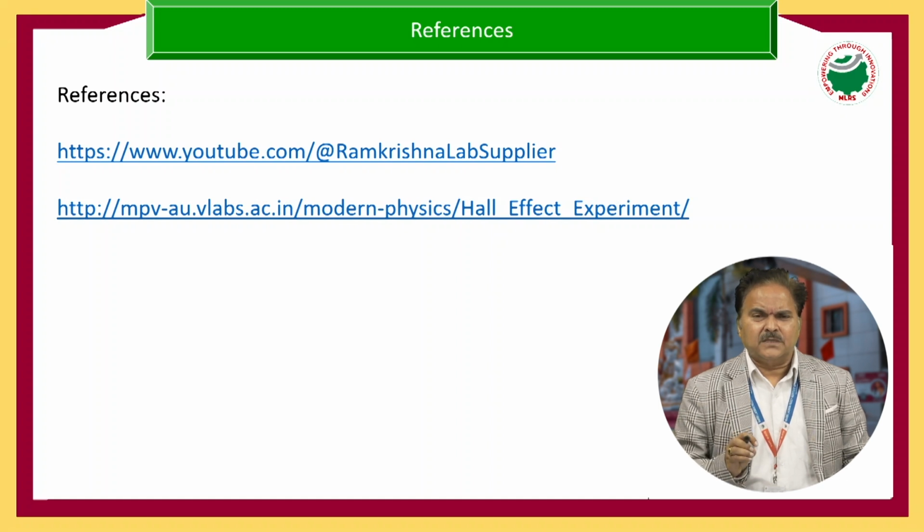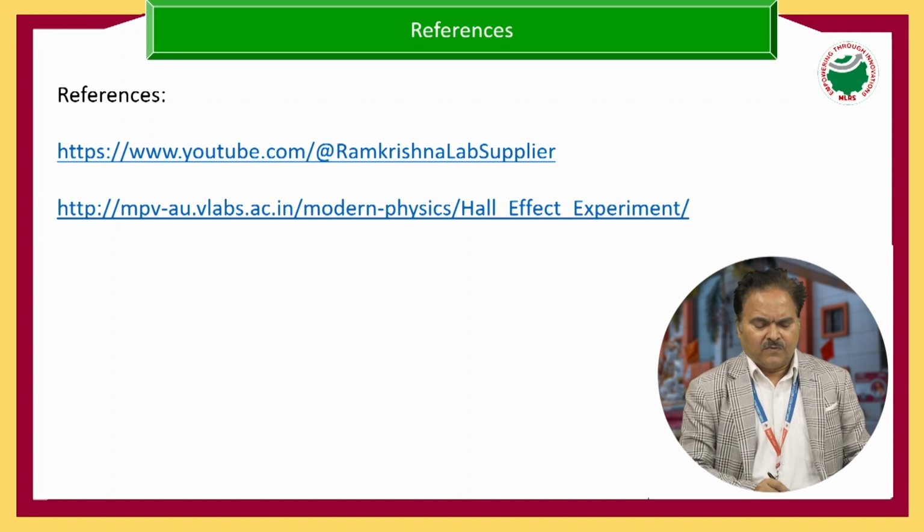For that purpose, this Hall effect is very useful to calculate which type of semiconductor it is. We are doping some material, it may be 5 plus or 3 plus. If we forgot whether it is 5 plus or 3 plus, how can we recognize that material? Then this Hall effect is the best method. Otherwise, you have to go for another technique like EPMS, so many hard experiments.